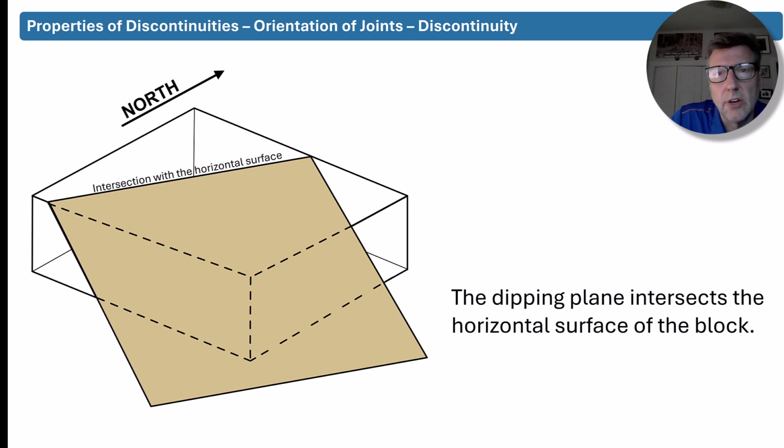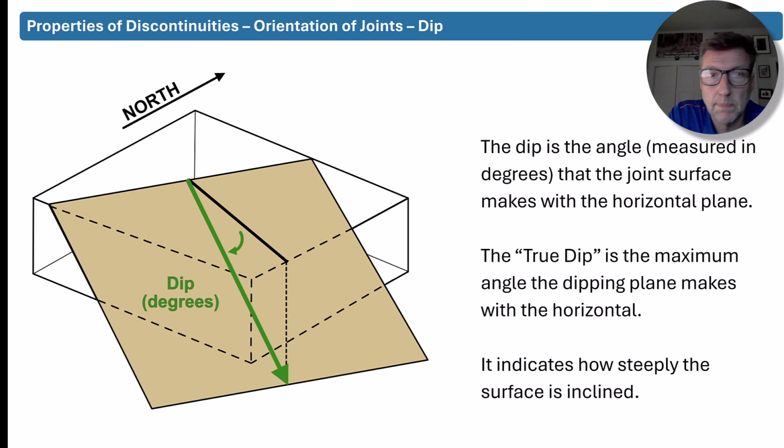Having this diagram, we can now determine the dip of the plane. In the figure, we see a black line, which is located on the horizontal surface or the horizontal plane, and a green arrow, which is on the dipping plane. The angle between the line and the arrow is known as the dip.